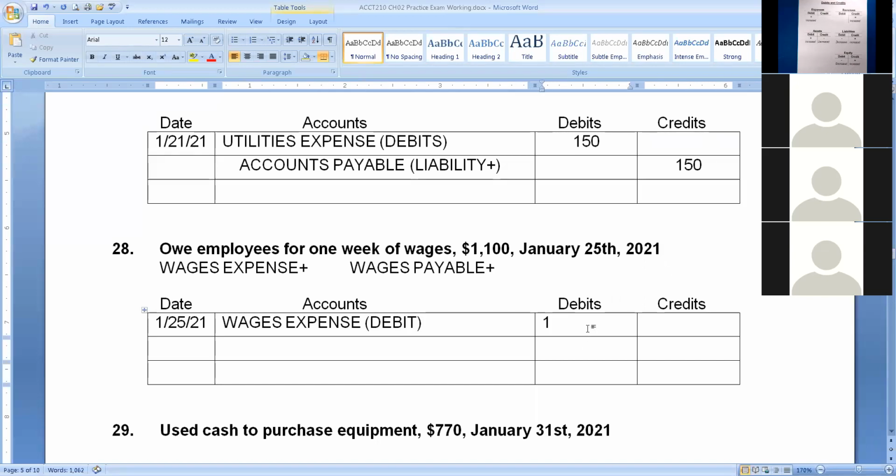There's all of it. And wages payable. Liability going up. And again, you look on the sheet, liability going up, or the other sheet too has all the accounts listed out.